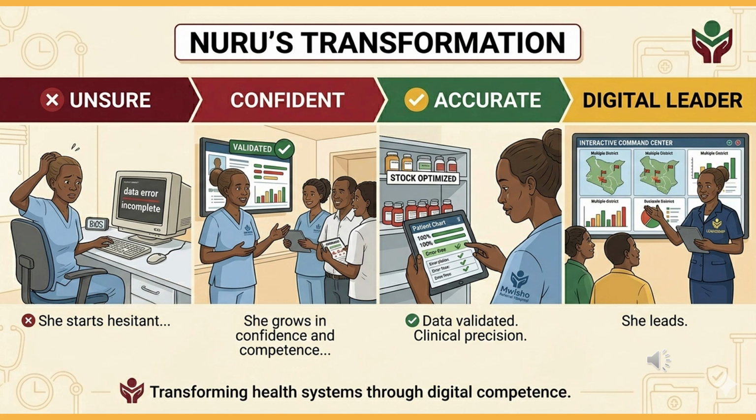In a critical moment, she checks the EMR, verifies an alert, and notifies the clinician immediately. She combines tools, skills, judgment, and ethics under pressure. This is digital dexterity. This leads to better care and outcomes. Eventually, Nuru becomes a digital leader in her facility, and by the end of the course, so will you.